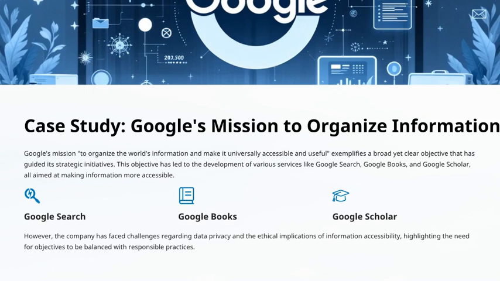This objective has led to the development of various services like Google Search, Google Books, and Google Scholar, all aimed at making information more accessible. However, the company has faced challenges regarding data privacy and the ethical implications of information accessibility, highlighting the need for objectives to be balanced with responsible practices.